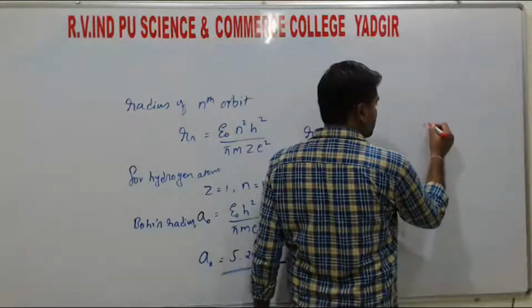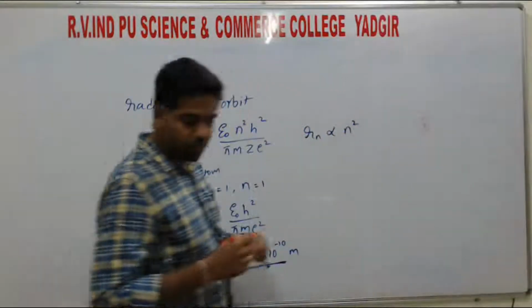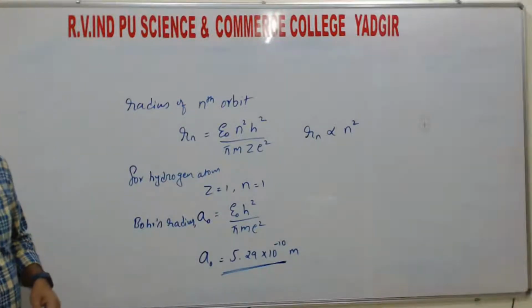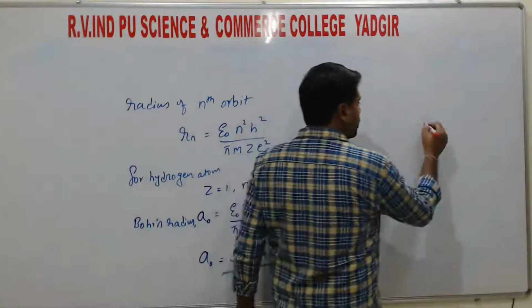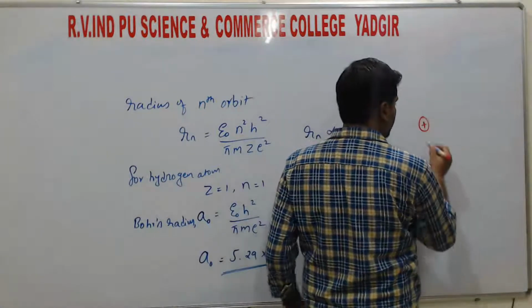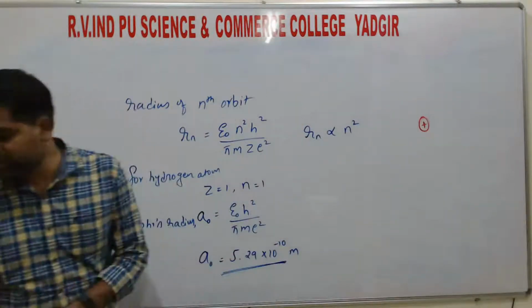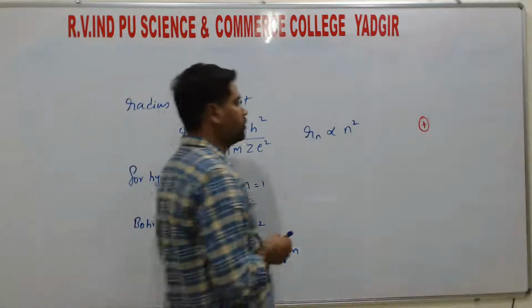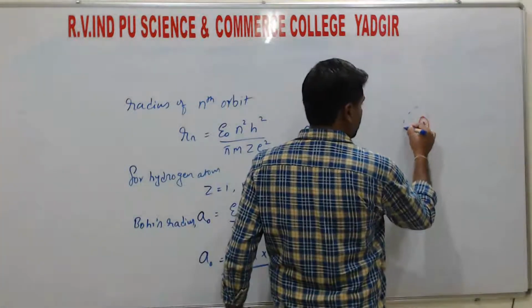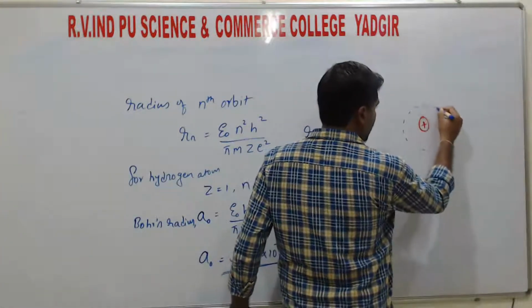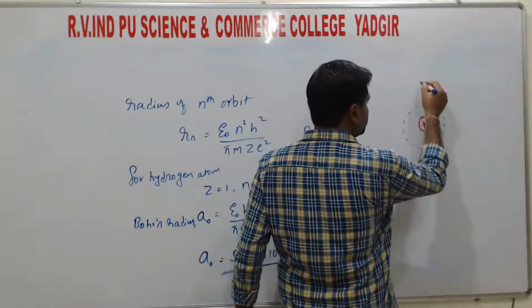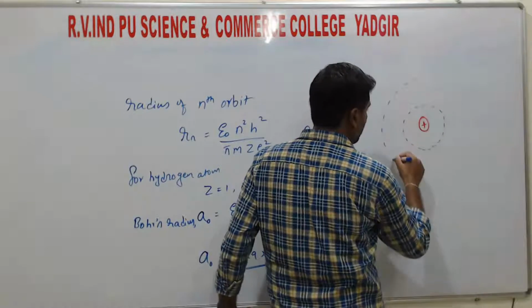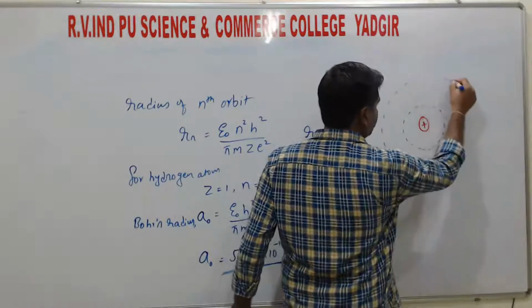Here, if we consider this one as the positive nucleus, then around the nucleus we have electrons which are revolving around that nucleus. In the hydrogen atom, the first orbit is the Bohr's orbit or Bohr's radius.